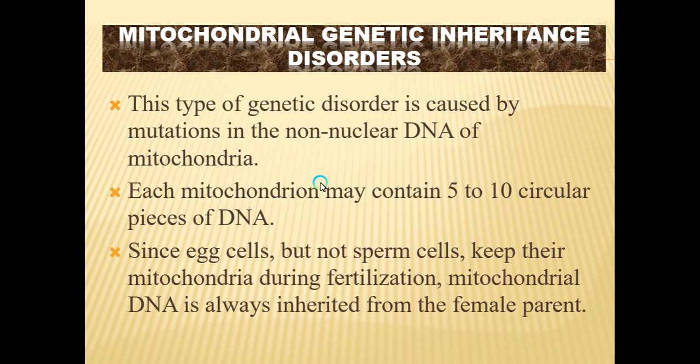Every mitochondrion may contain 5 to 10 circular pieces of DNA, and egg cells, not sperm cells, keep their mitochondria during fertilization.